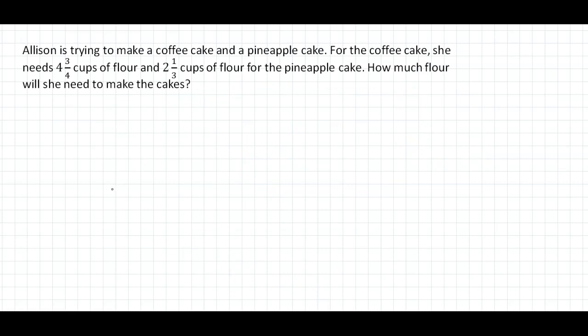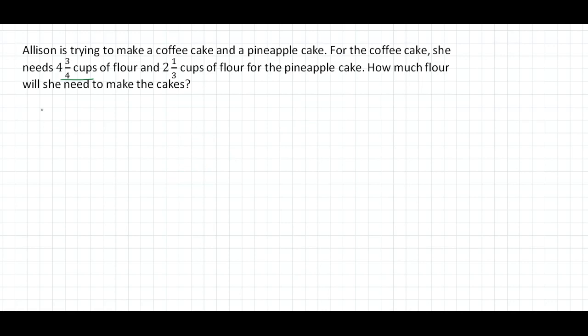Our question here is, Allison is trying to make a coffee cake and a pineapple cake. For the coffee cake, she needs 4 3/4 cups of flour and then 2 1/3 cups of flour for the pineapple cake. How much flour will she need to make the cakes? So what do we know here?